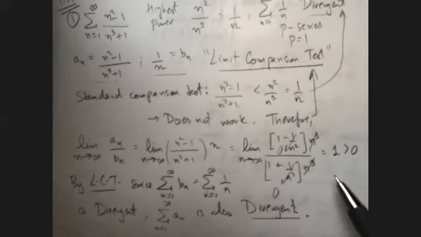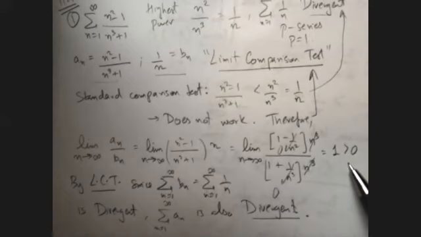If this limit is positive and finite, then both series either diverge or converge. And because this bn is divergent, therefore by limit comparison test, an is also divergent.